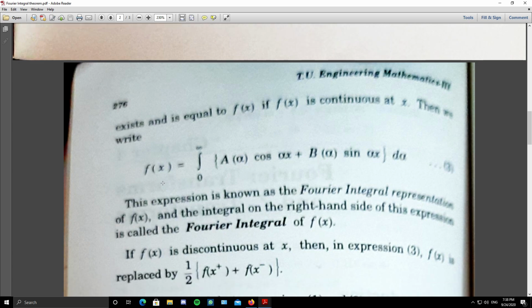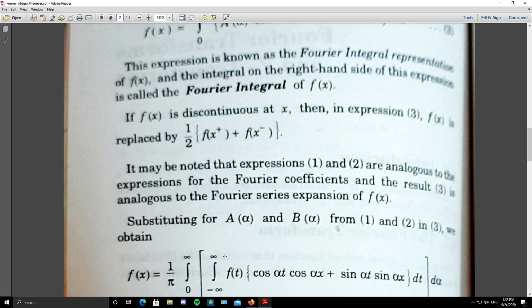If f of x is discontinuous, you can write the average of the left limit and the right limit.